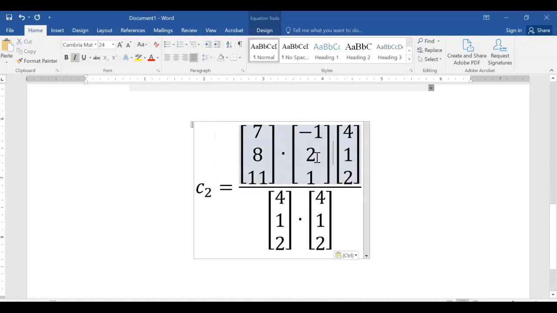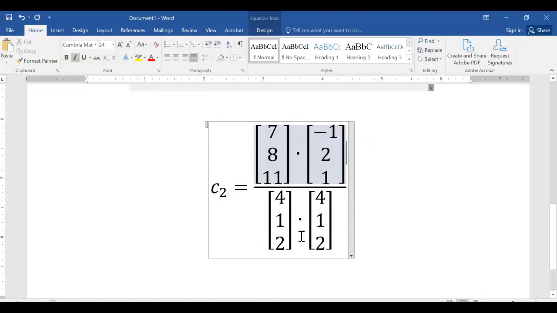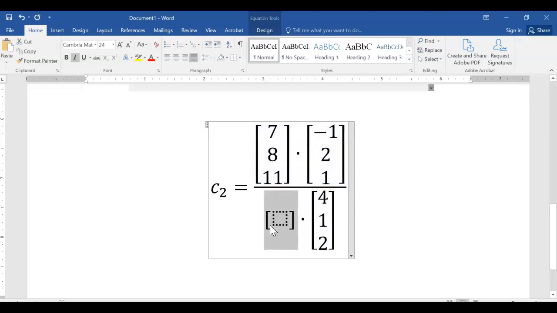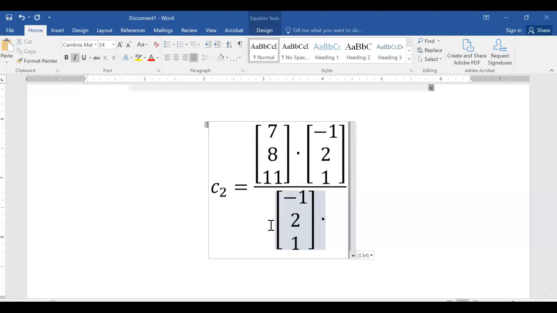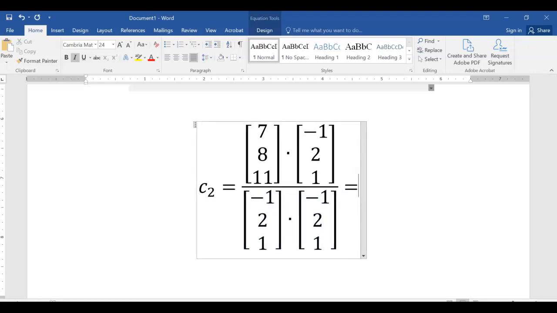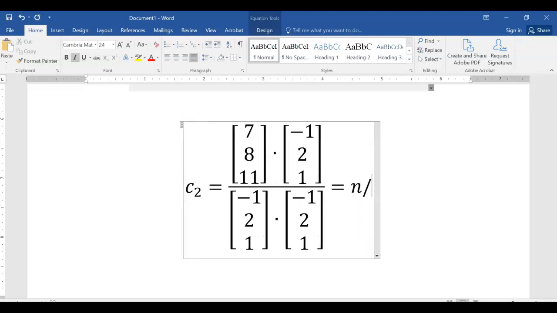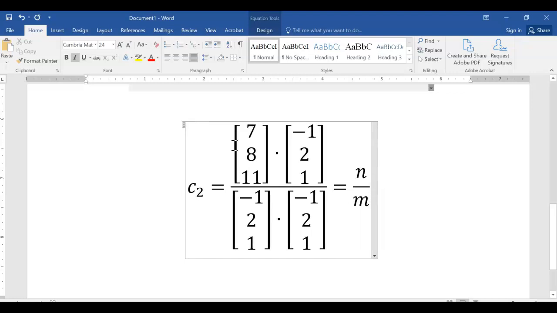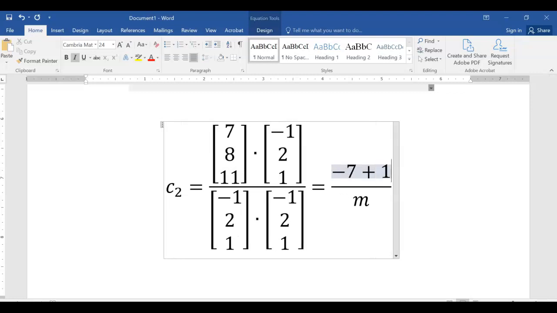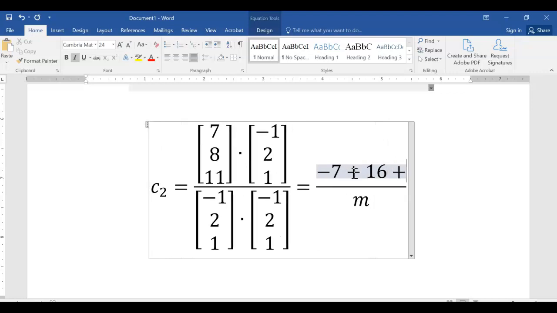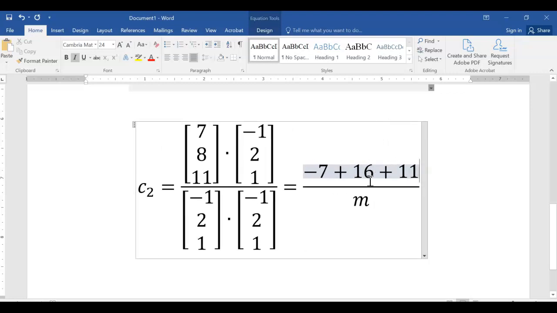So replace all the 4, 1, 2s with negative 1, 2, 1. Let's go ahead and do this. So 7 times negative 1 is negative 7. 8 times 2 is 16. 11 times 1 is plus 11.